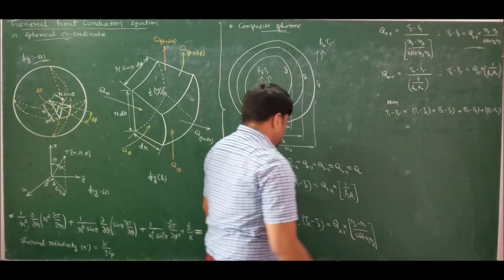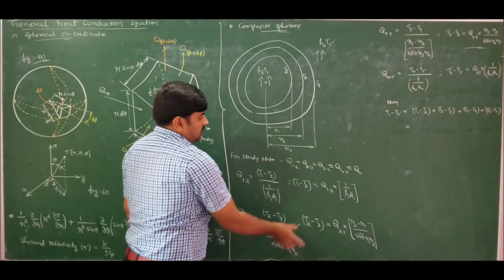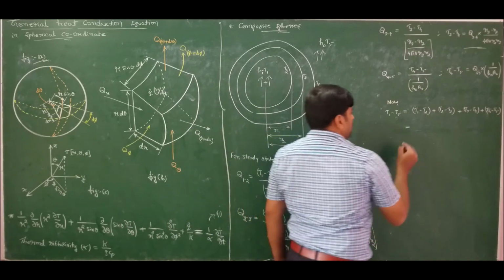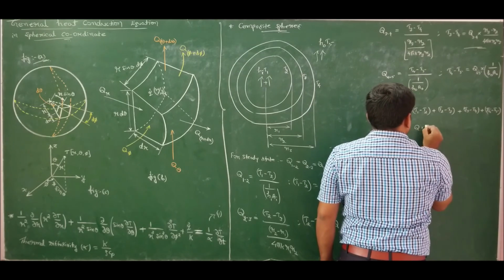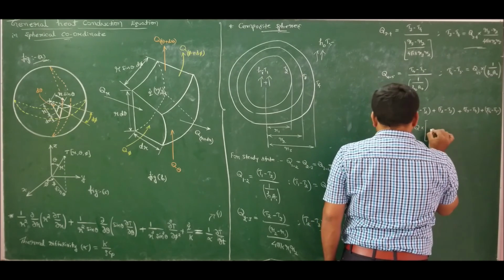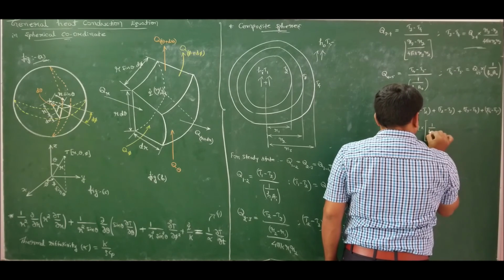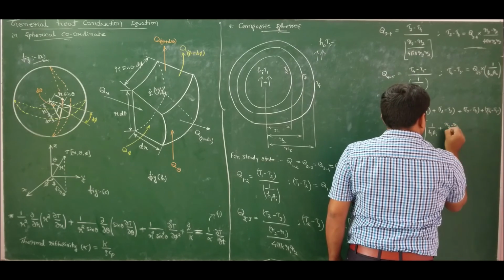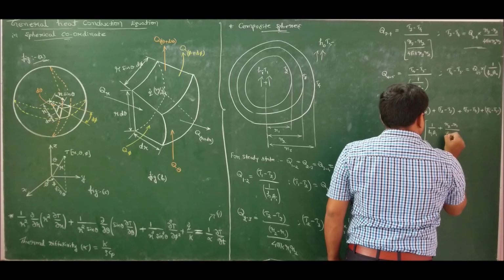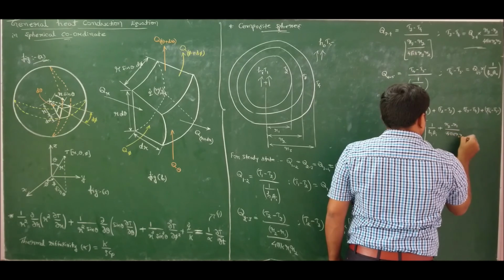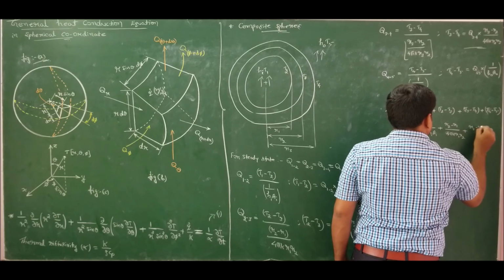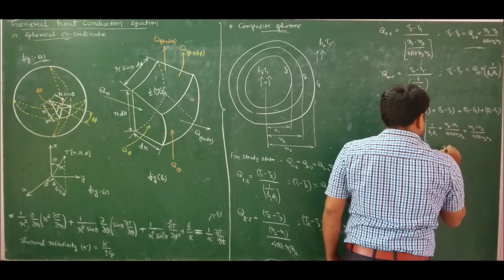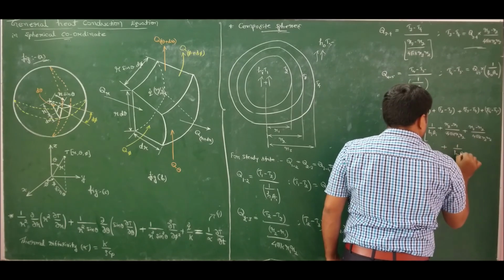Substituting the values of the temperature differences, all the Q values are constant, so taking Q common throughout, I can write the resistances as 1 by Hi Ai plus R2 minus R1 by 4 pi K R1 R2 plus R3 minus R2 by 4 pi K R2 R3 plus 1 by H0 A0.